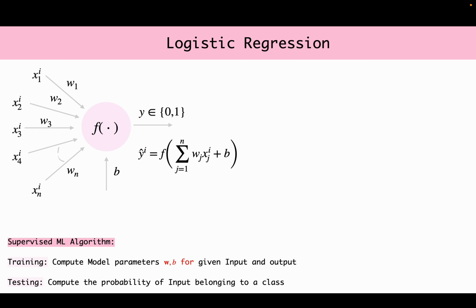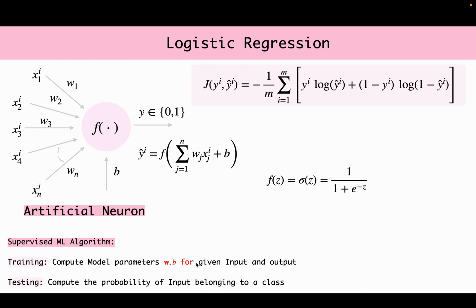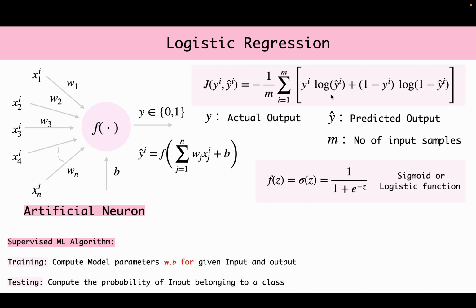So our goal is therefore to classify in logistic regression, unlike in linear regression, which was used for prediction. We use a cost function called cross entropy, which is shown here, where yi is the actual output and yi cap is the predicted output. We will see the reason why we use this cost function shortly.